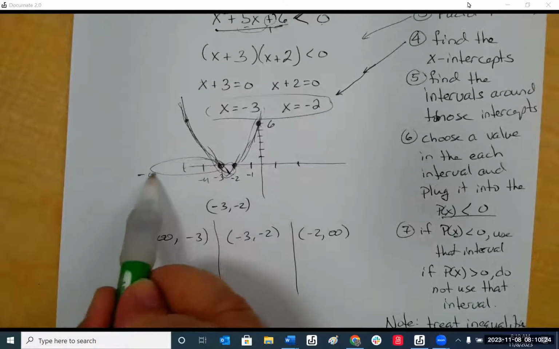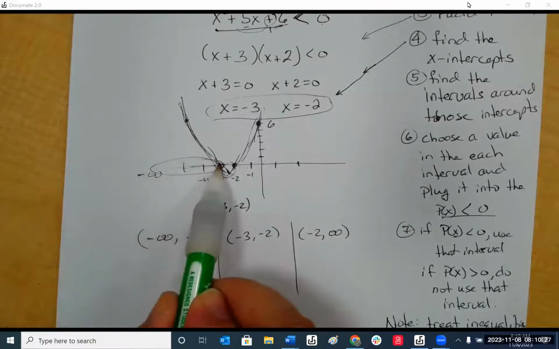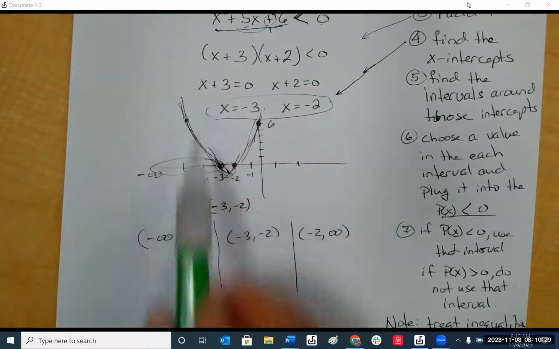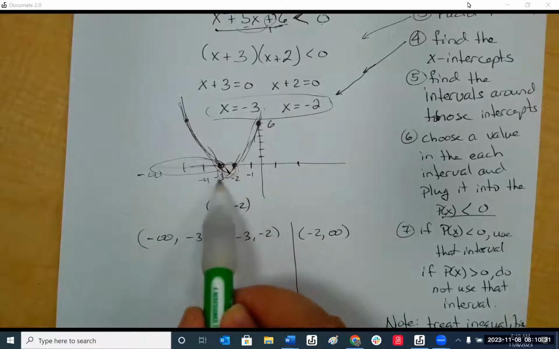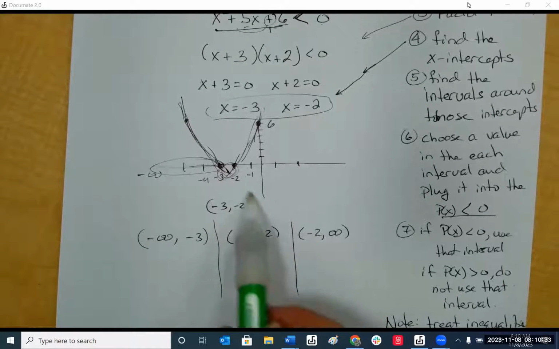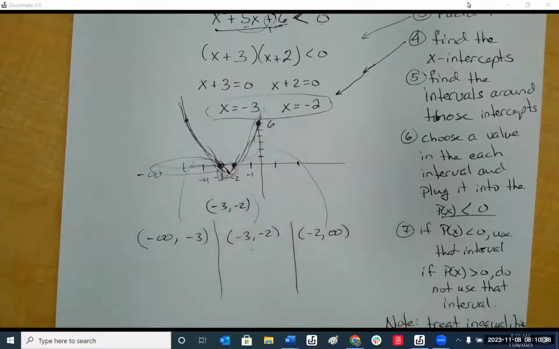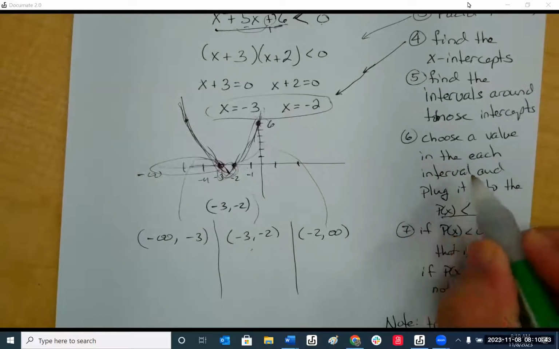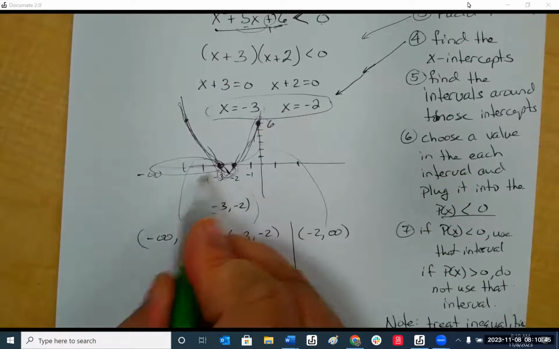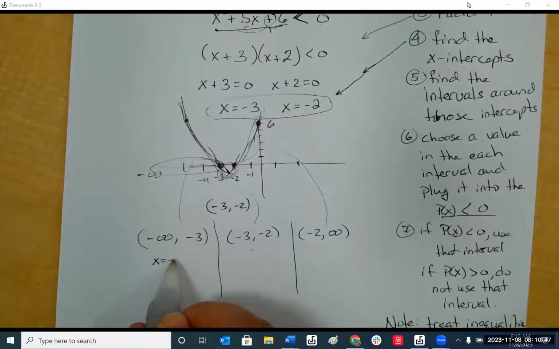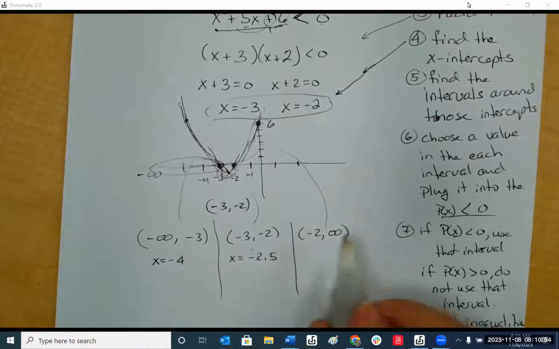So from -infinity to -3, we have this part of the graph. -3 to -2, we have that one. And then the rest of it here is from -2 to infinity. Choose a value in each of these intervals. So I'll use x equals -4, x equals -2.5, and x equals 0.